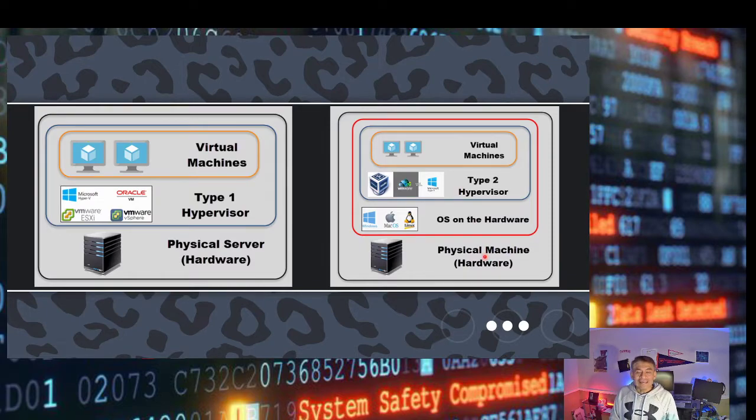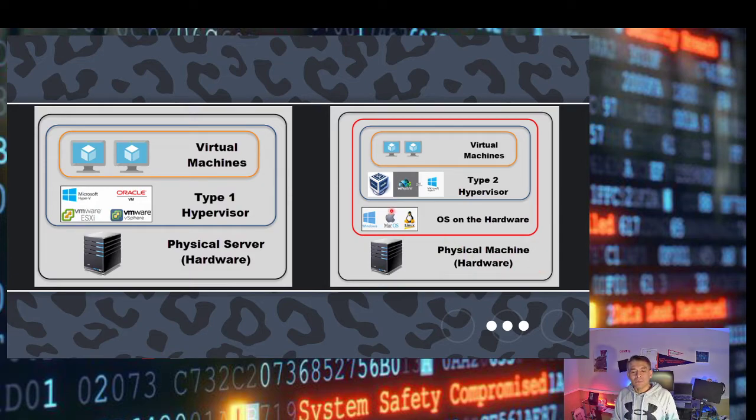What you do in that case is you install any operating system that you want on your laptop or on your desktop computer. It could be Windows 10, for example, or it could be Mac OS, or it could be a version of Linux desktop running on that particular physical desktop or laptop.